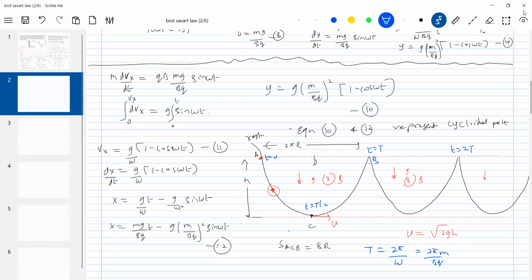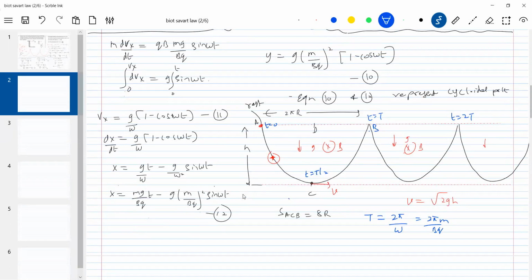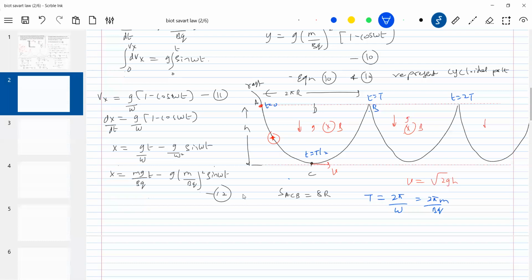TAC should be equal to T by 2. So T by 2 will become pi m by BQ. This is one thing, and velocity V equal to root of 2gh is another thing. Okay, what about other things?